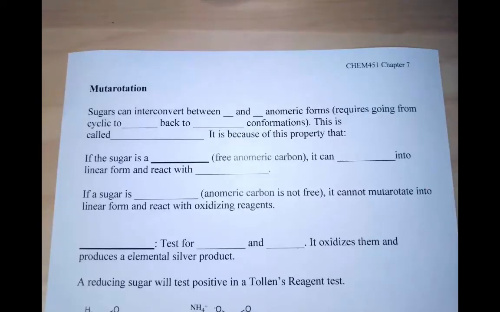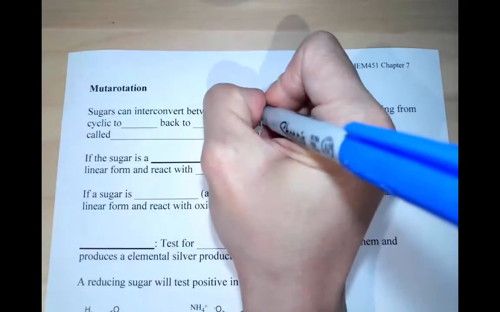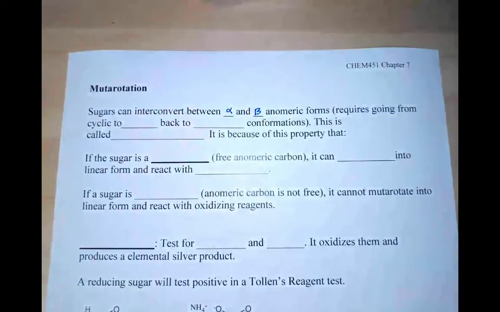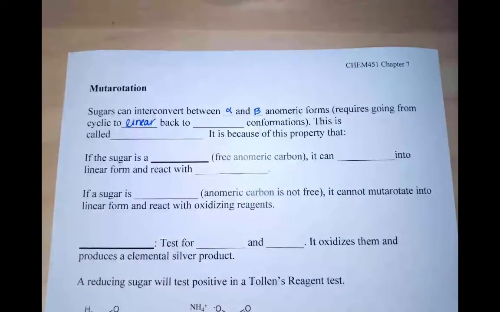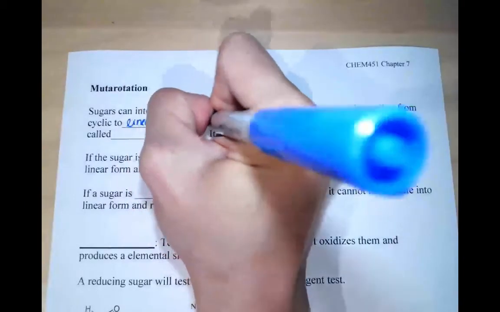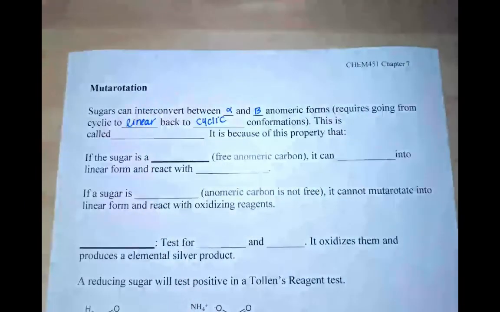So sugars can interconvert between their alpha and beta anomeric form. And this requires going back from their cyclic to their linear conformations back to their cyclic conformations again. This property is what's called mutarotation.